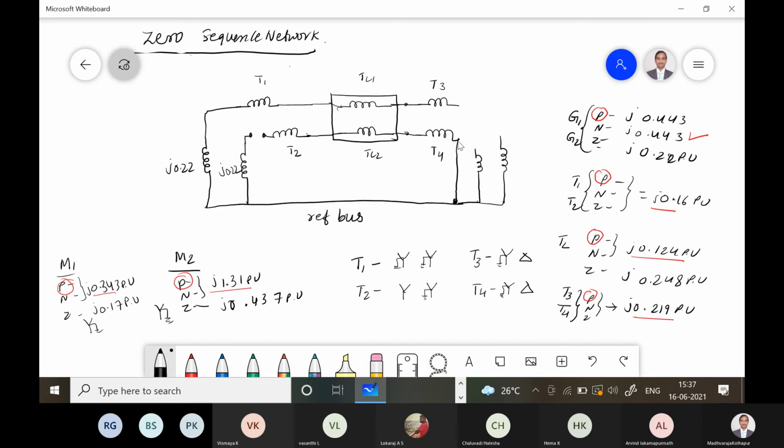So close the shunt switch and the series switch will be open. I will write once again here.